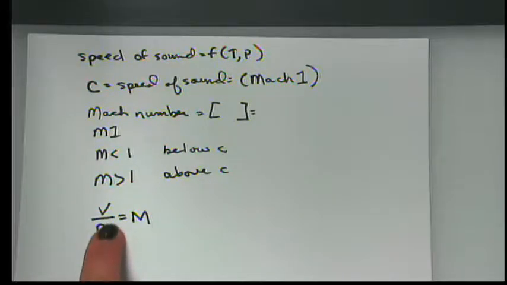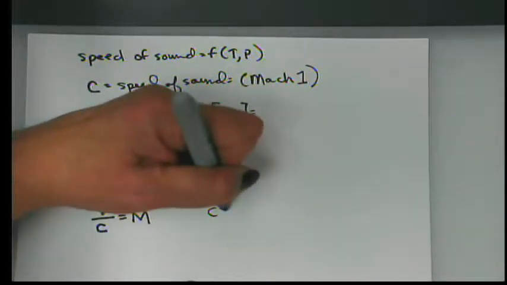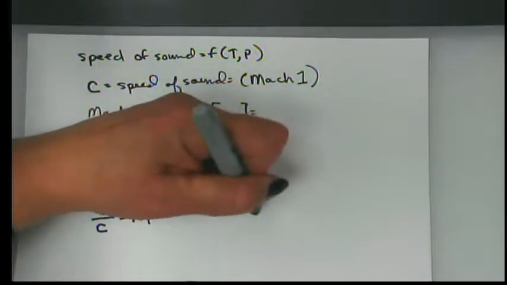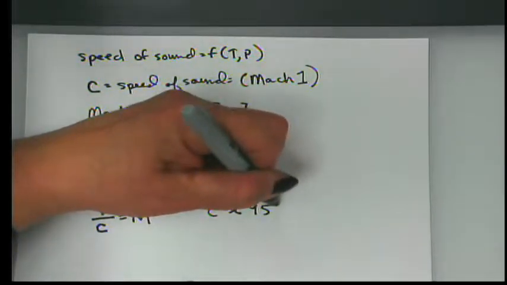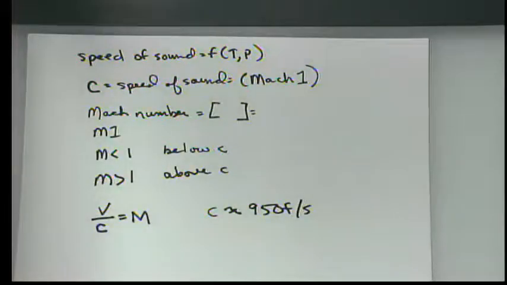You have a velocity divided by a velocity. Now, the speed of sound is somewhere in the vicinity of 950 feet per second, more or less, but it depends on the conditions in the atmosphere, the temperature and the pressure.